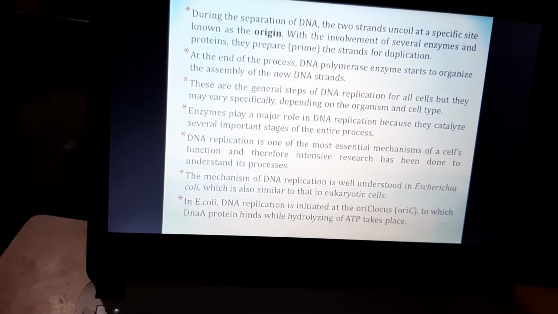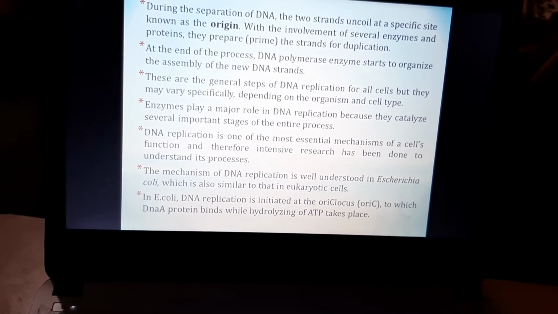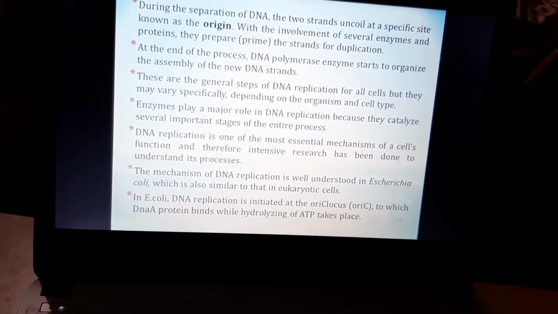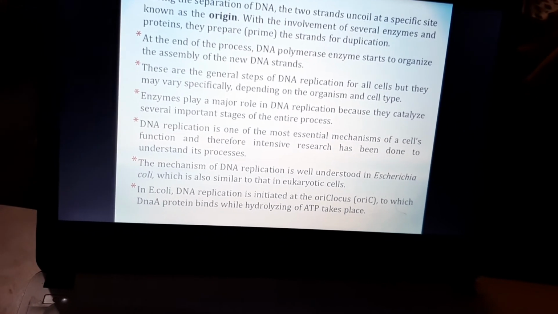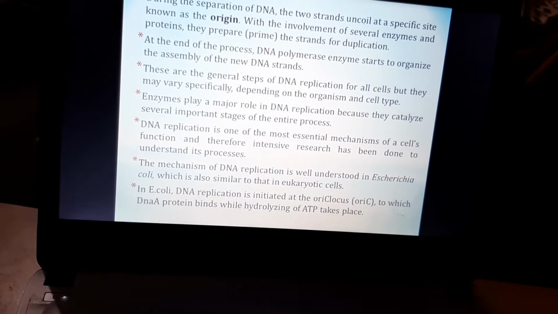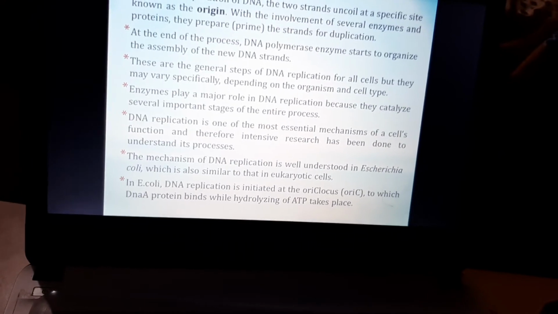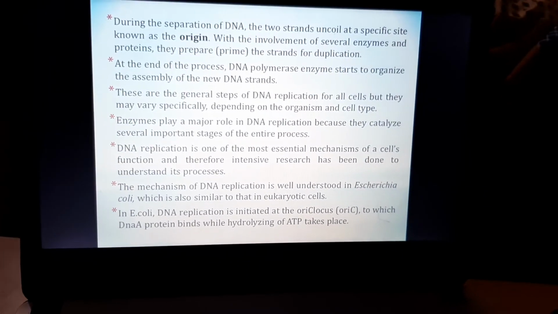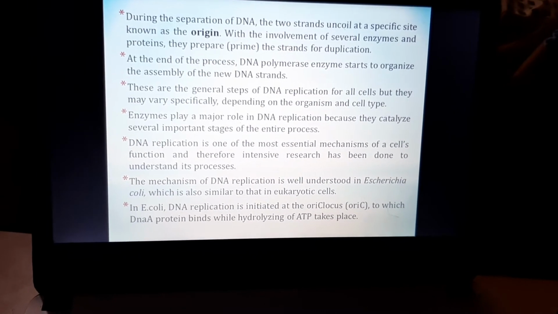During the separation of DNA, the two strands are uncoiled at specific sites known as origins. Origin means the place where replication starts. With the involvement of several enzymes and proteins, they prepare the strand for duplication. At the end of the process, the DNA polymerase enzyme starts to organize the assembly of the new DNA strands.